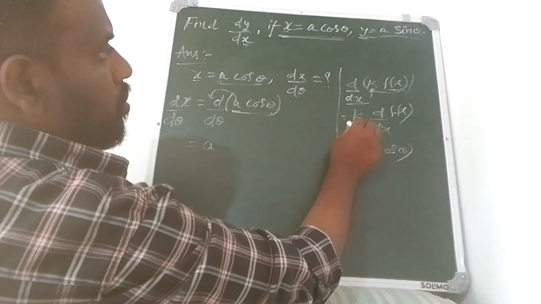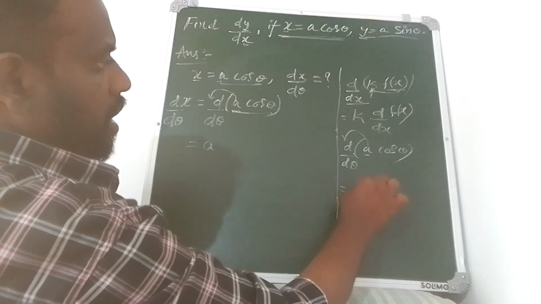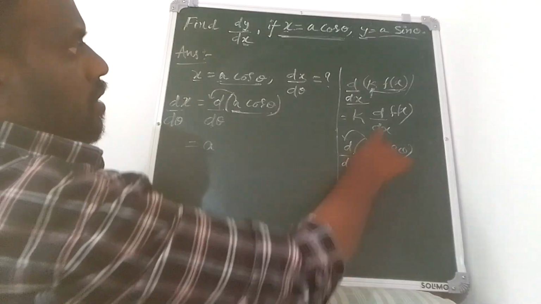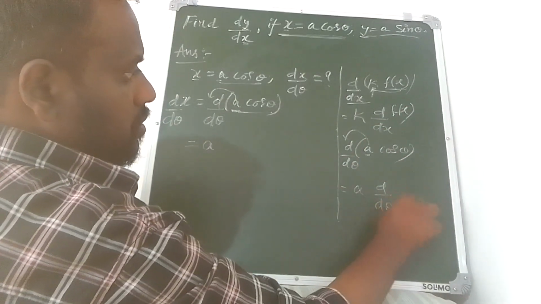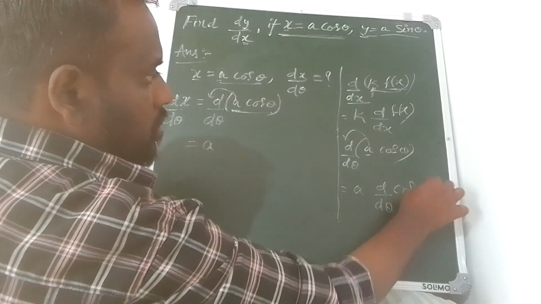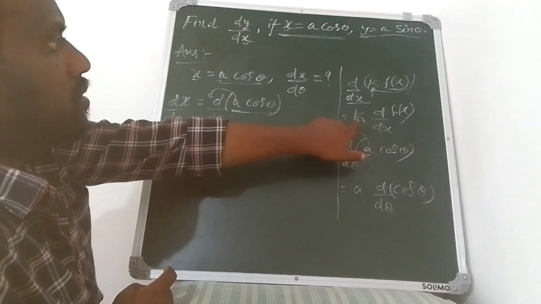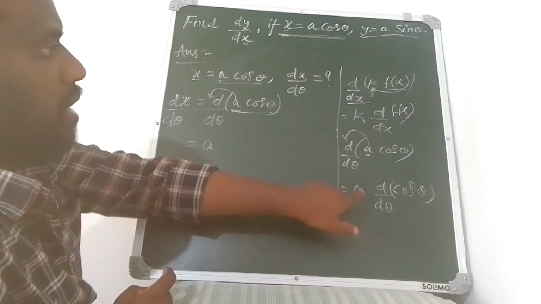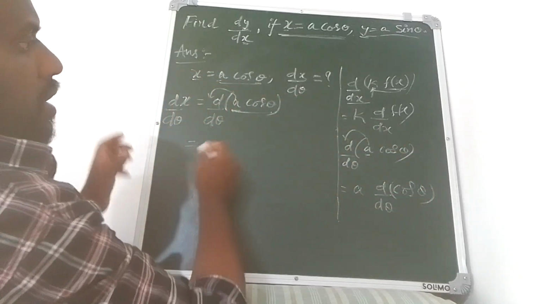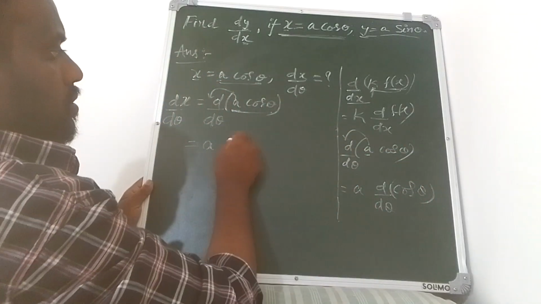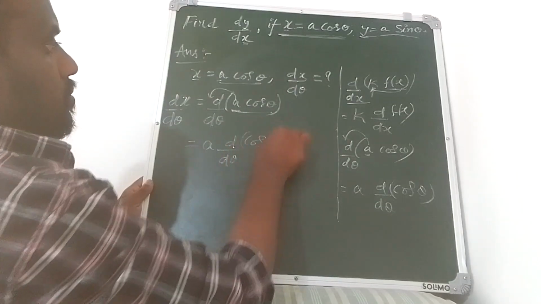So this is equal to, this k is taken out, so you can take a outside, d by dx of this function. So d by d theta of this function cos theta. Okay, so using this formula, we have written d by dt of a cos theta as a into this. Same thing I will write here. So d by d theta of cos theta.